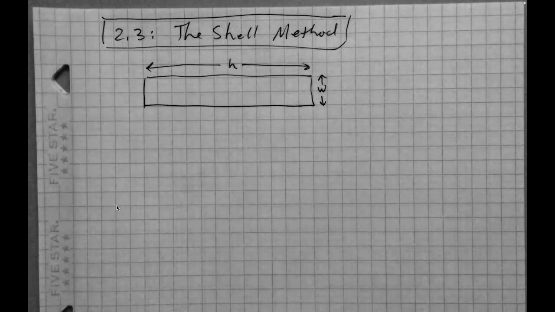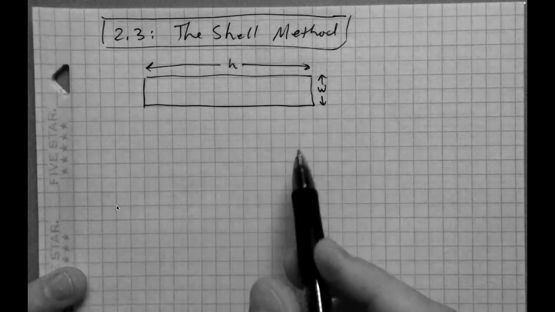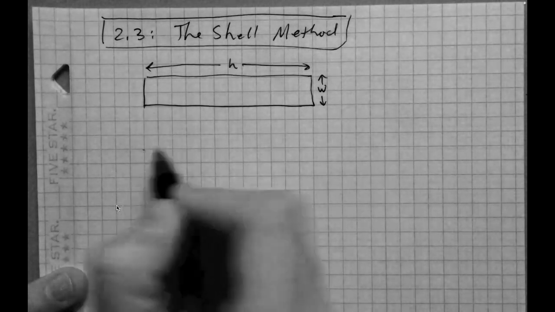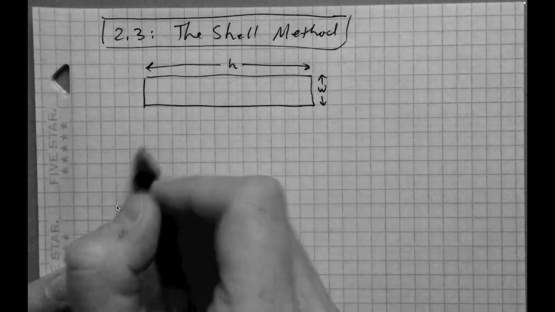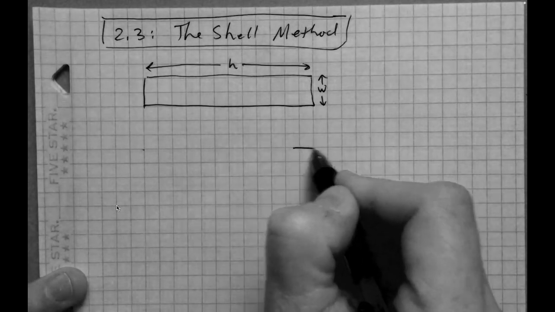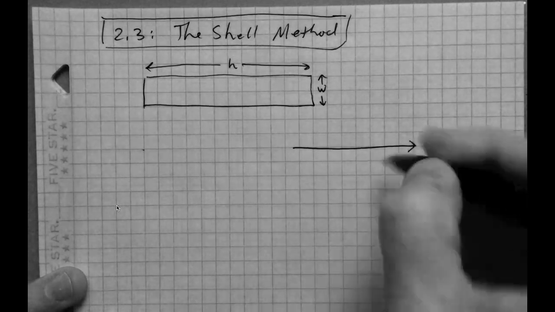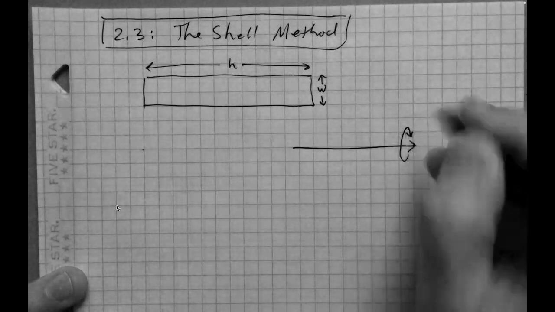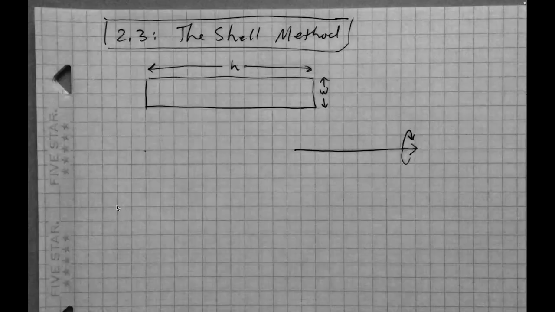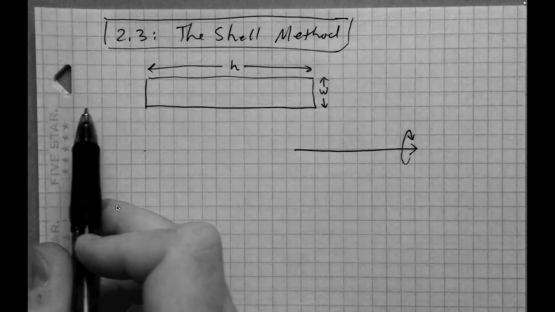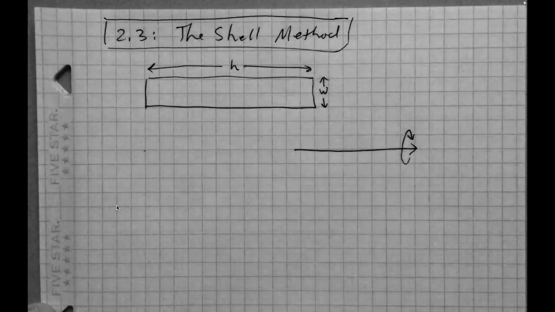This rectangle is going to be rotated about an axis of revolution that runs parallel to it. In this case, the rectangle is oriented horizontally, and the axis of revolution would also be horizontal.